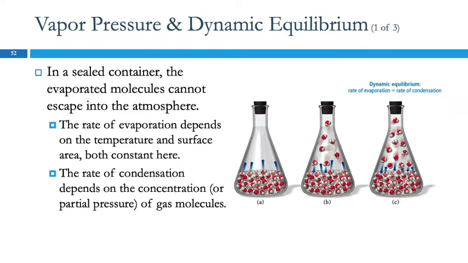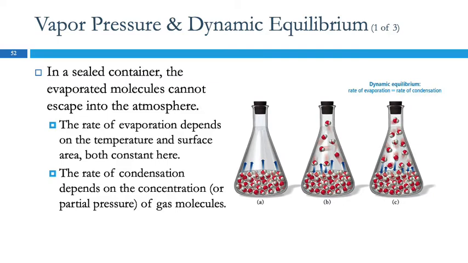Well, we just talked about evaporation in an open beaker. What if the container is sealed? It's not open. So here we're looking at an Erlenmeyer flask with a rubber stopper in it. So water is going to evaporate, and the rate of the evaporation depends on the temperature, right?